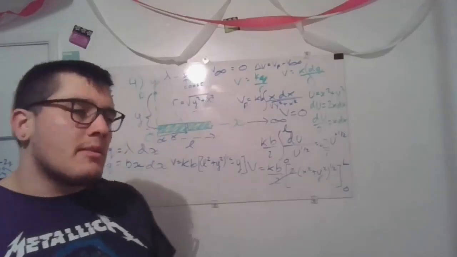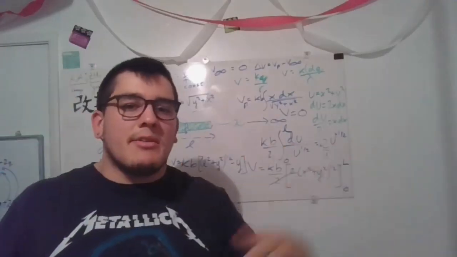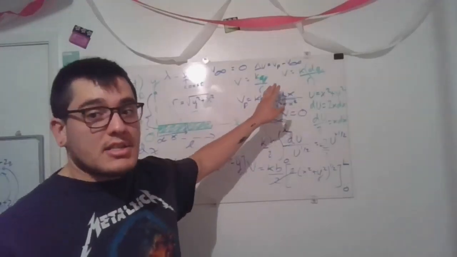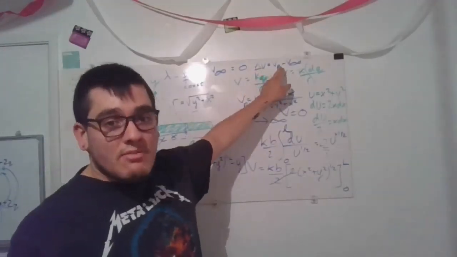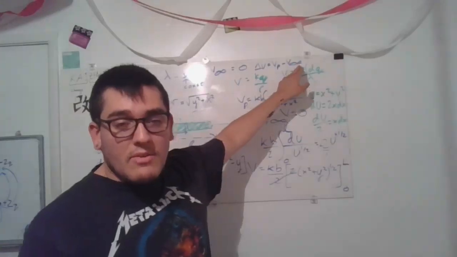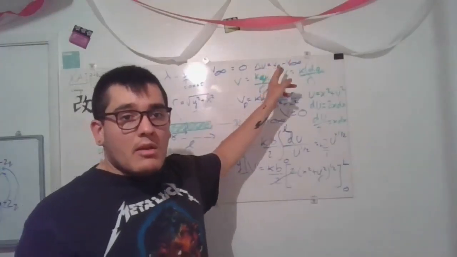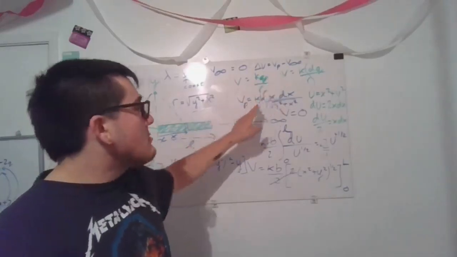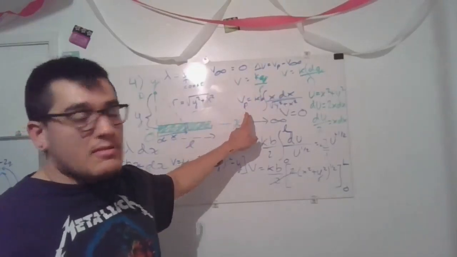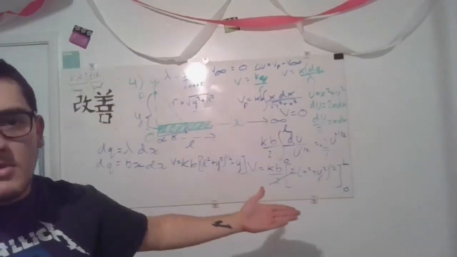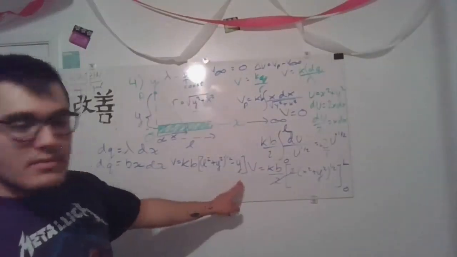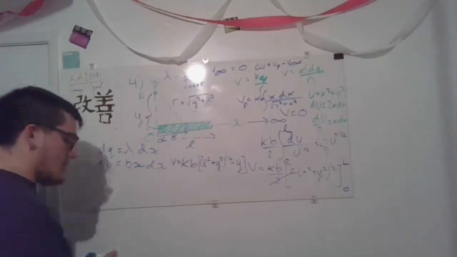That would be a very long, drawn out way of trying to solve this. Instead, I just said the potential difference is Vp minus V infinity. V infinity is 0, so I can have my reference point of 0, and I can just calculate the potential at Vp the normal way, right?